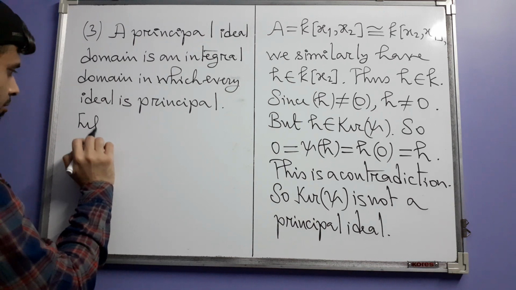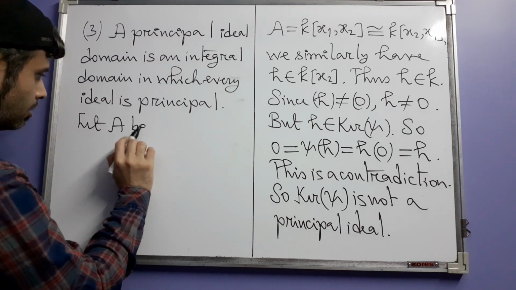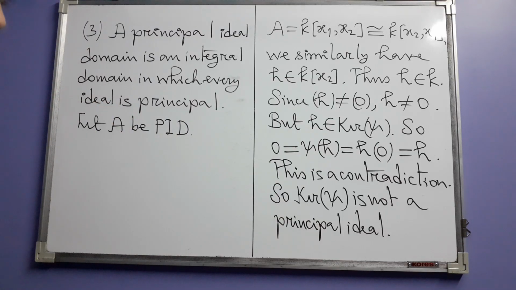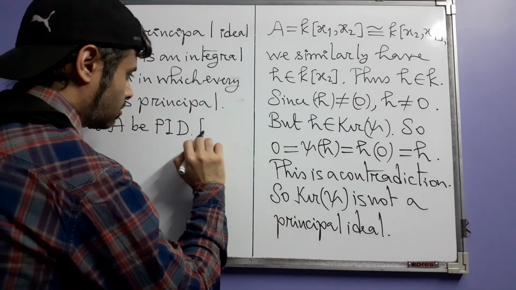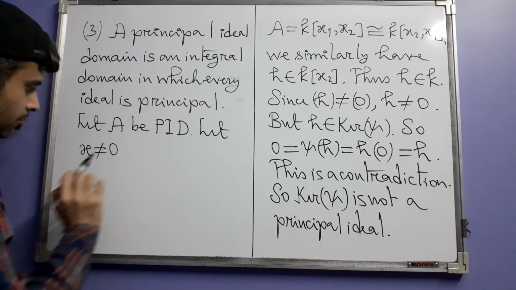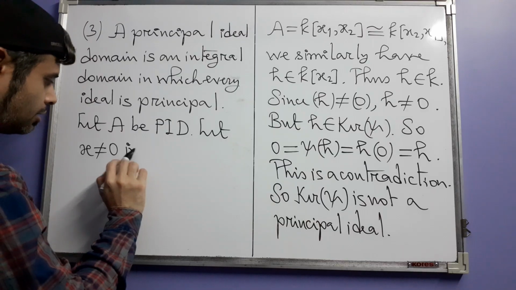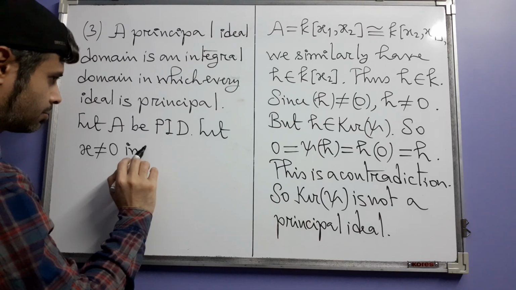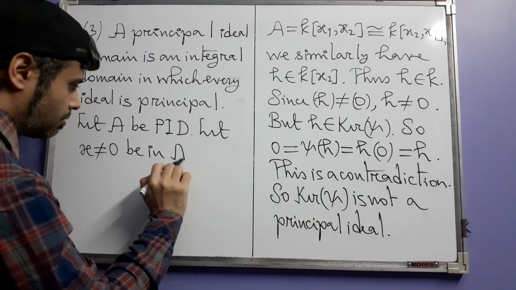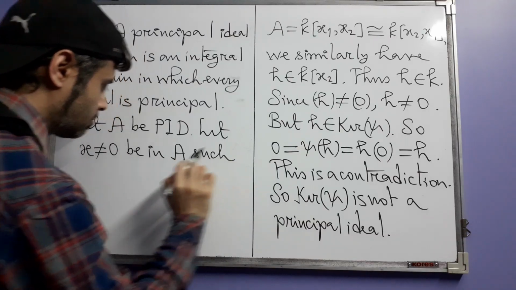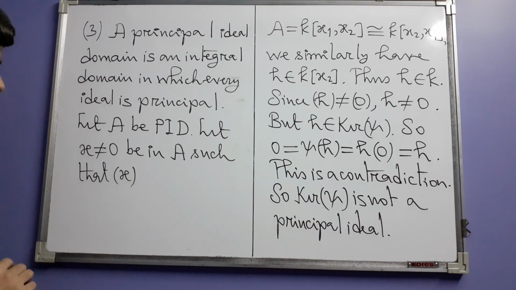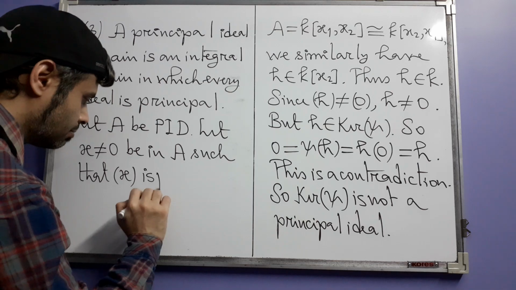Let A be a PID, principal ideal domain. Let us consider a non-zero element B in A such that the principal ideal generated by that element is prime.